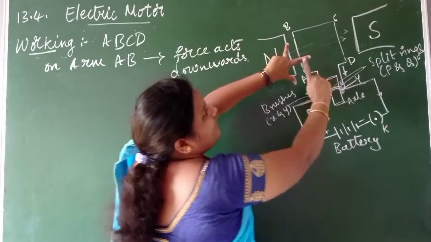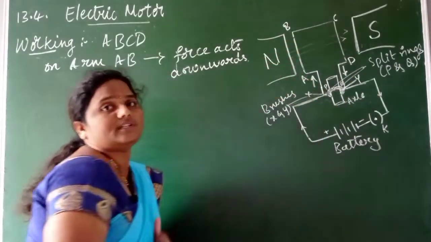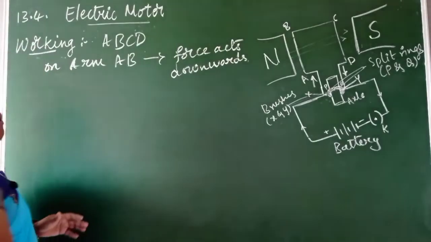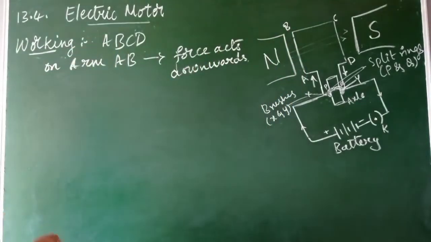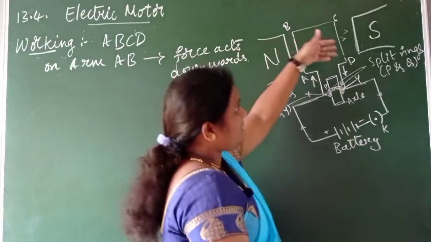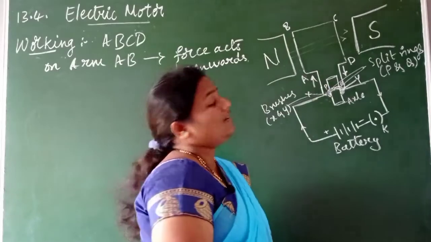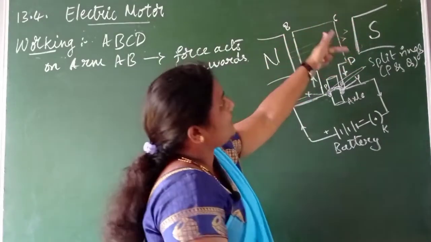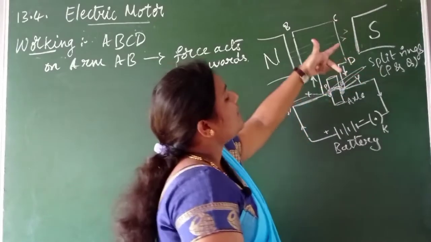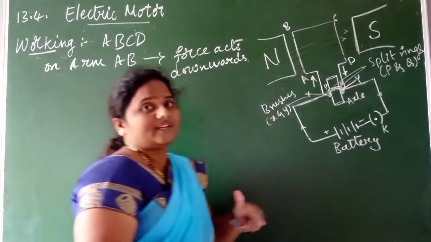The magnetic field is in this region and this thumb is pointing downwards, means the force acting on arm AB is downwards. Similarly, apply Fleming's left hand rule on the CD arm. When you apply it on the CD arm, the force is acting in the upward direction, children, isn't it?